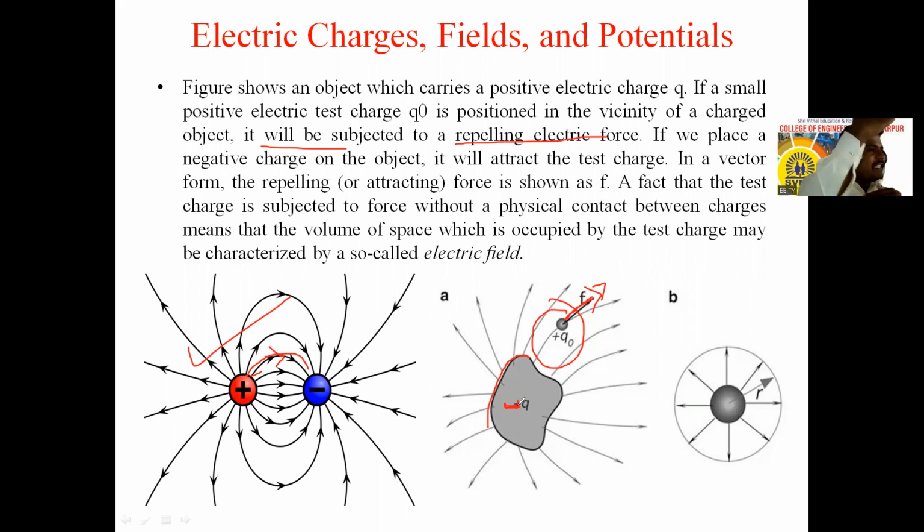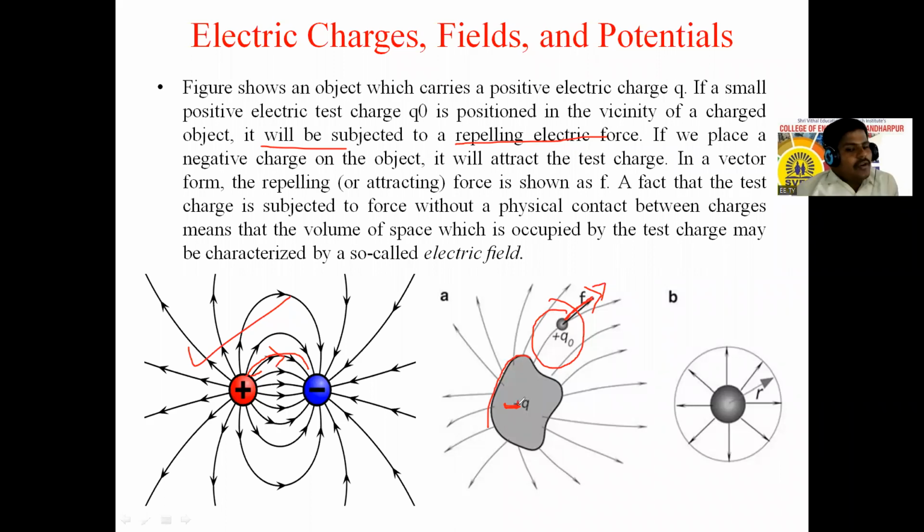So one charge will be attracted towards the other charge, then what will happen? There is sparking, no? A flame is created. That means this is the sparking between those two charges, positive and negative.